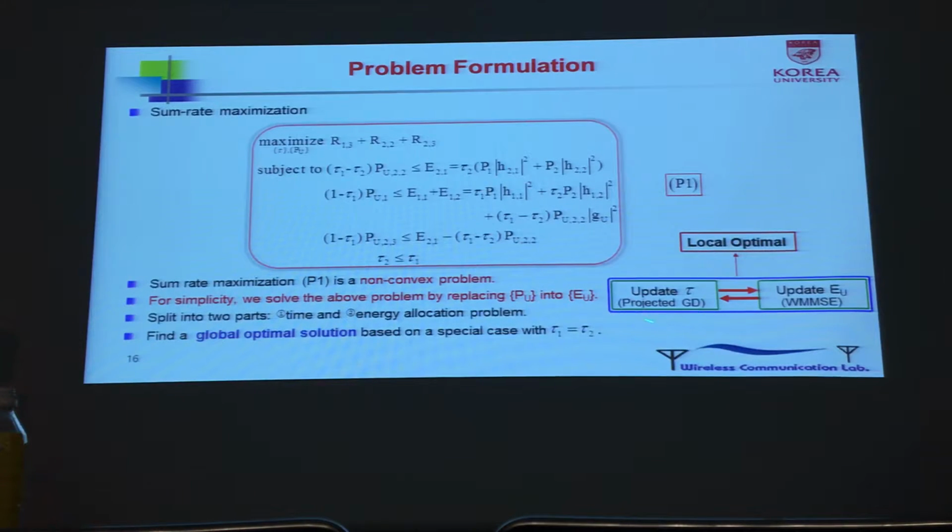First, we update tau based on a given p, and after that, we update the power based on tau, and we repeat this process. And then we can show that this iterative process will generate the local optimum solution.